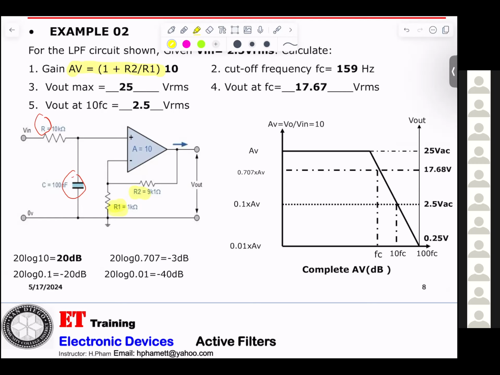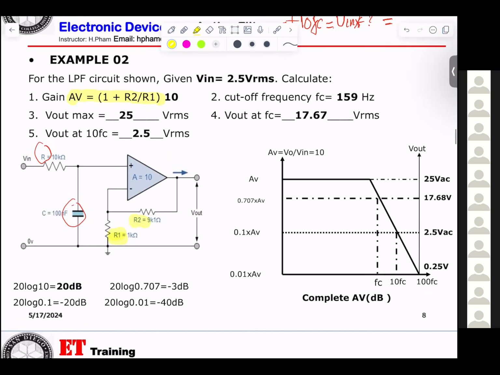VL maximum. How do we get VL maximum? You take the input, 2.5 volts RMS, and you get the gain equal to 10.